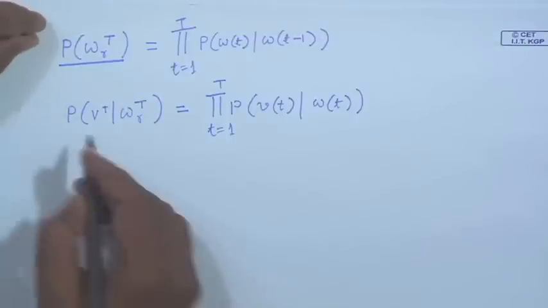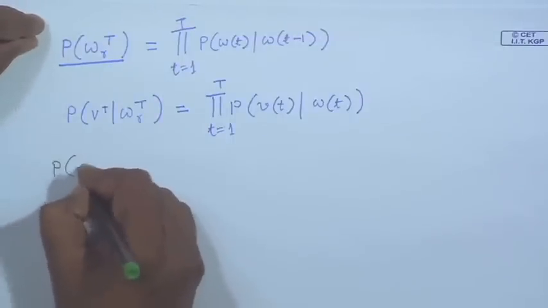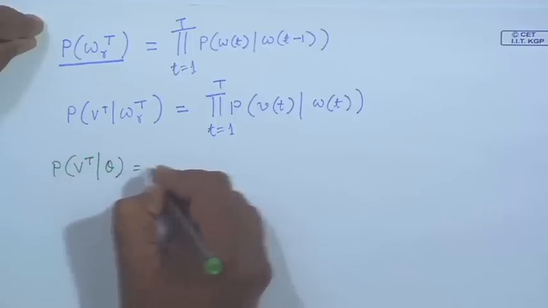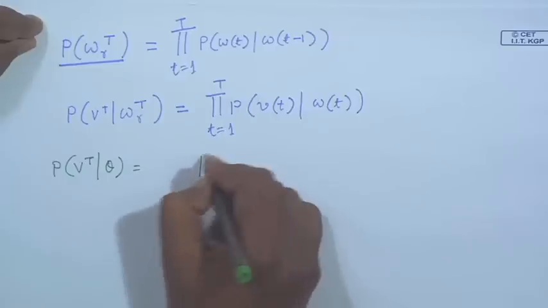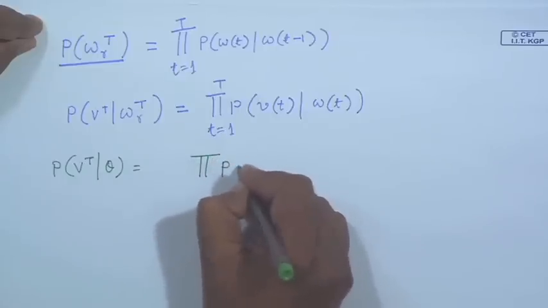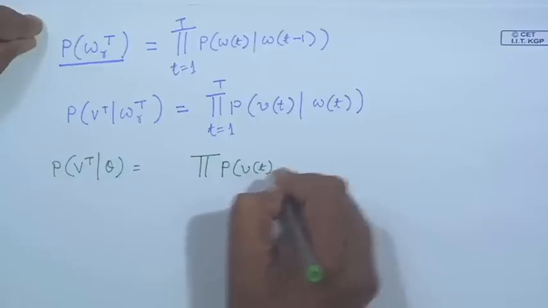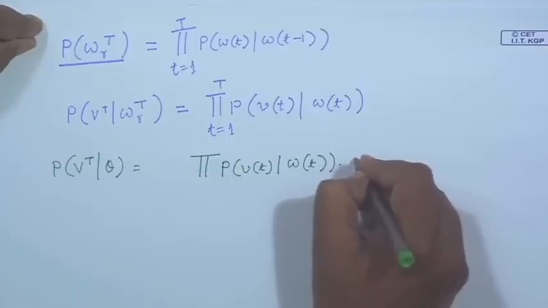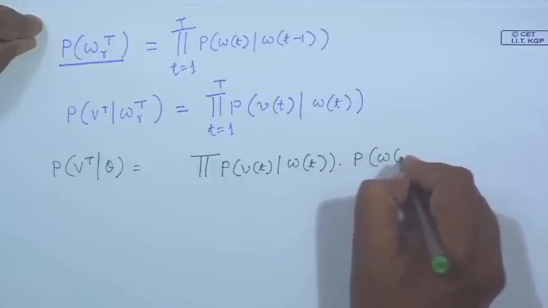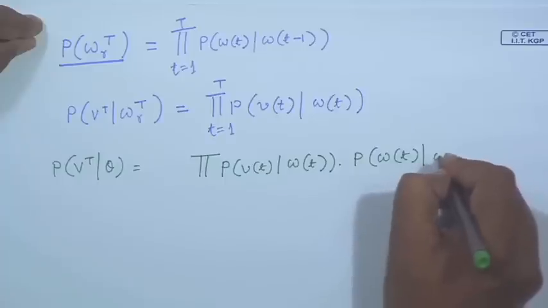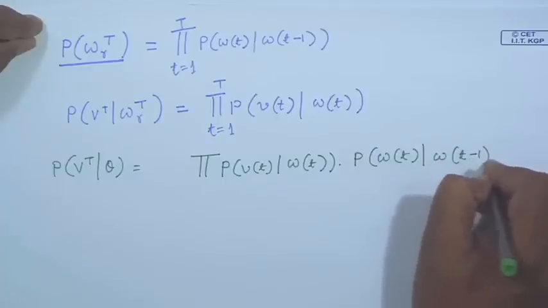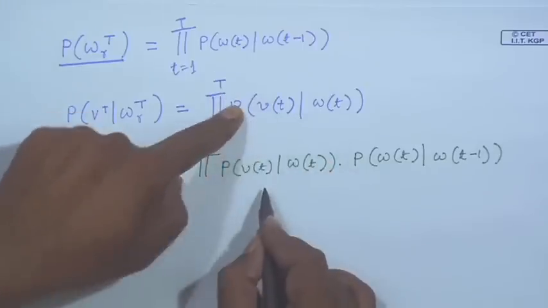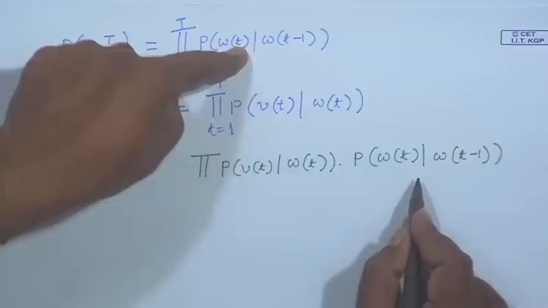So, I can write P of V t given theta is equal to the product of P V t given omega t into P omega t given omega t minus 1. You just look at this expression and this expression. So, this is nothing but this and this is nothing but this.